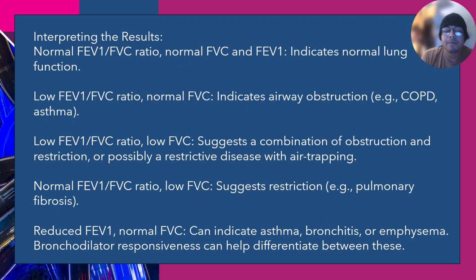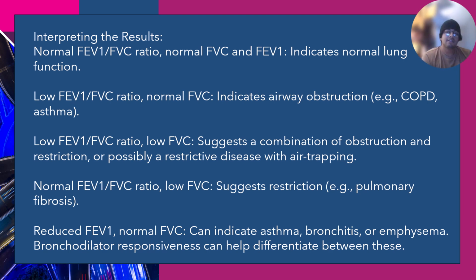So interpreting the results, a normal FEV1 over FVC ratio and a normal FVC and a normal FEV1 indicates normal lung function. Obviously, if everything's normal across the board, it's going to be normal. But if you have a low FEV1 over FVC ratio with a normal FVC, then you're indicating airway obstruction.